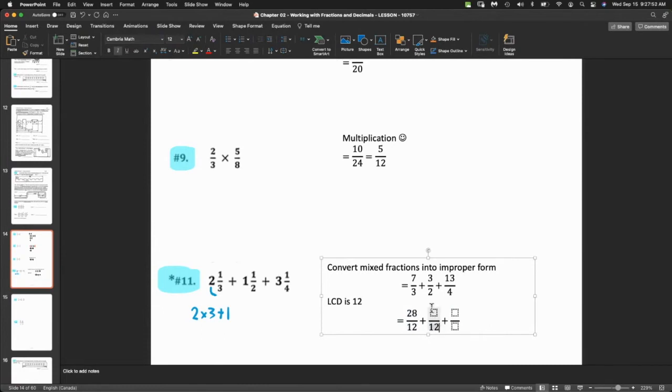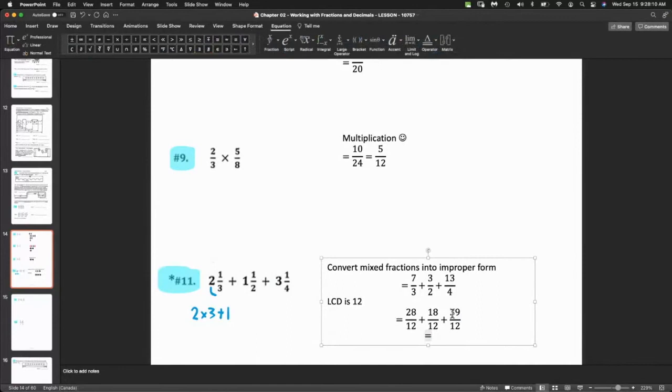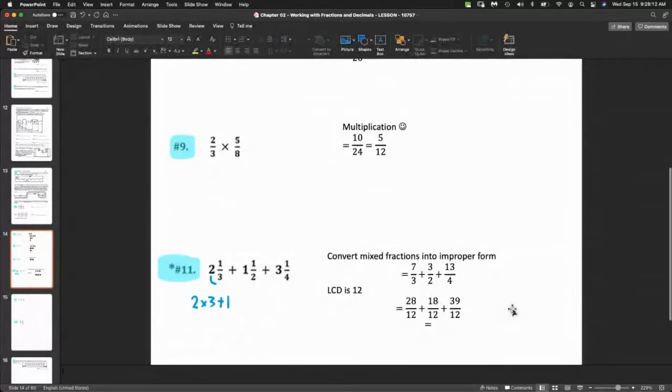So 2 times 6 and 3 times 6. The third fraction is going from 4 to 12, so we need to multiply the 4 by 3, but we also need to multiply the 13 by 3. And then you just add those together. So 28 plus 18 plus 39.